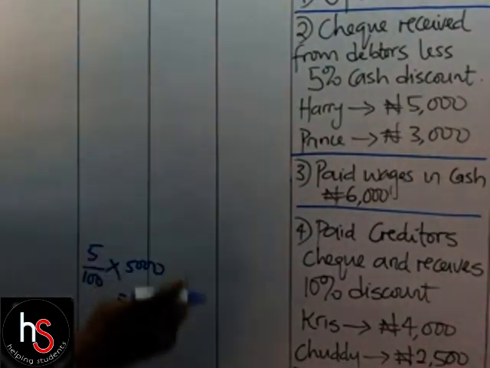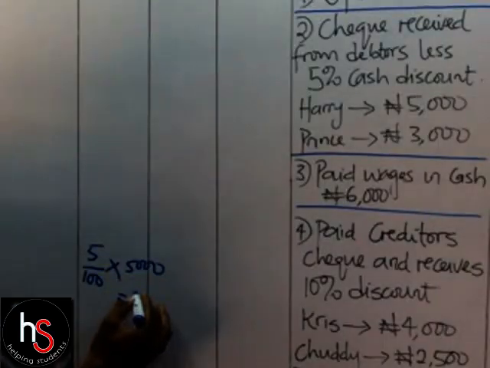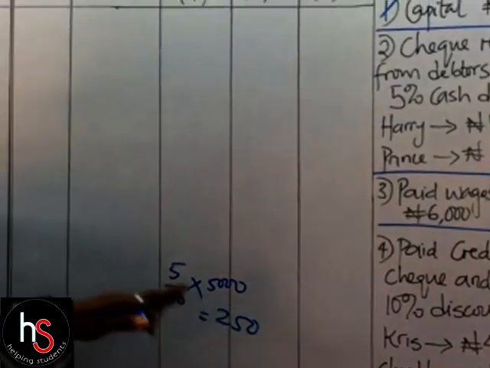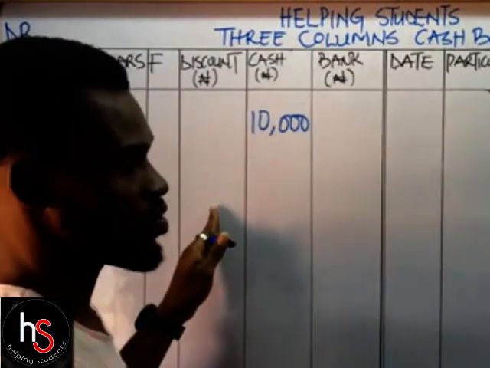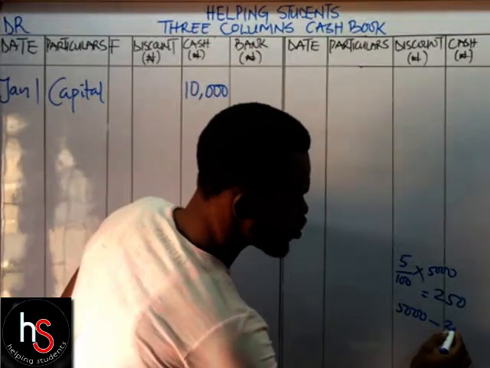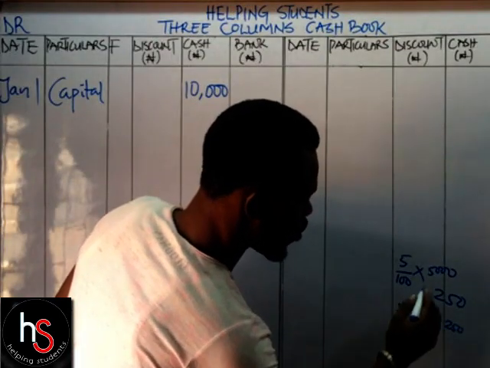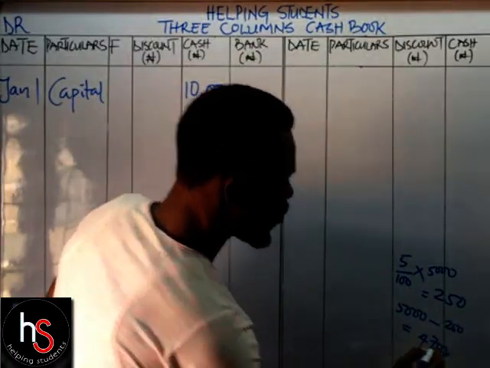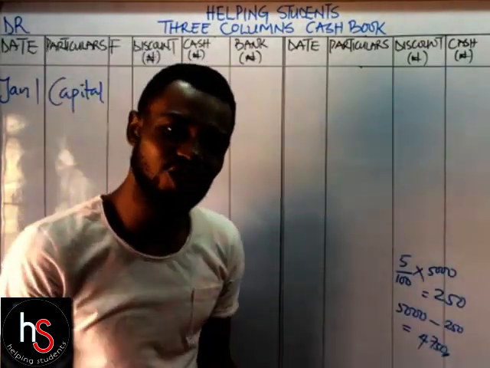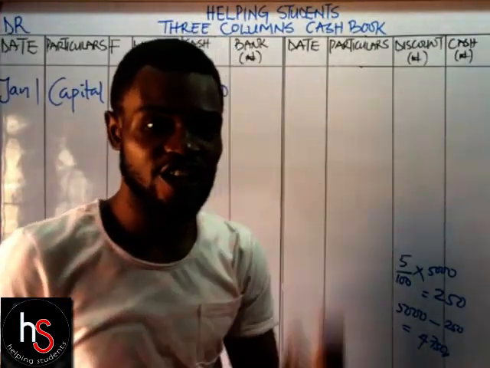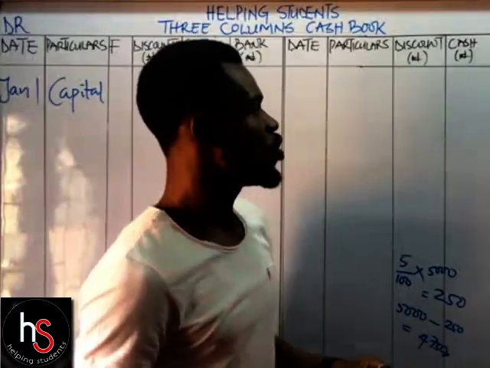By the time you divide all this, what are we going to have? 250. Now this 250 goes directly into the discount. Then you say 5,000 minus 250 is equal to what? 4,750. Now 4,750 will be the entry which we are going to record under the bank section, since it is a cheque received. So let's go.